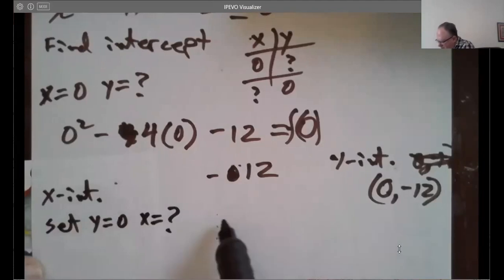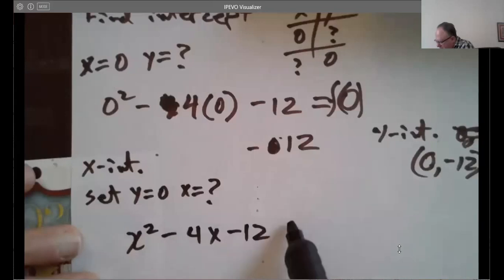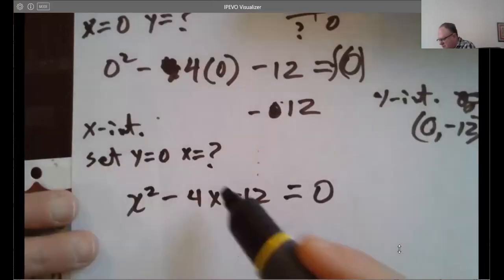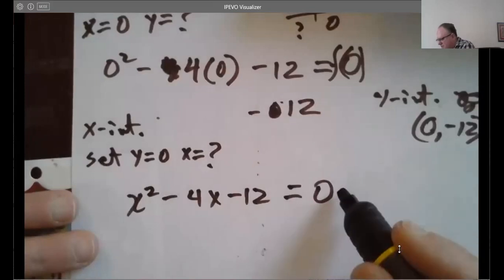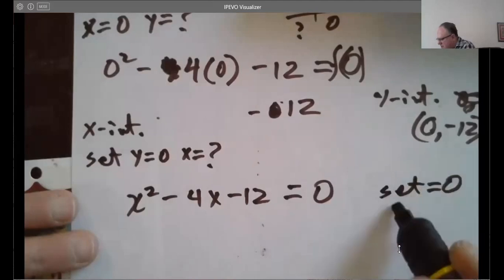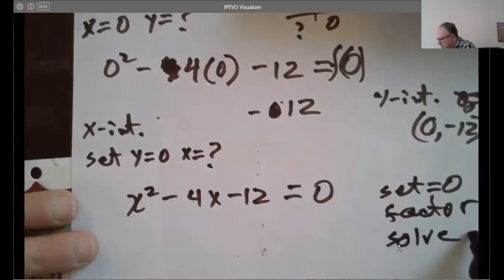So now we're going to set y equal to 0 and solve for x. So that means we're going to put x squared minus 4x minus 12 equals 0. The 0 is going to go on the other side. So to solve for x, you set the equation equal to 0 and factor, then solve for each factor.